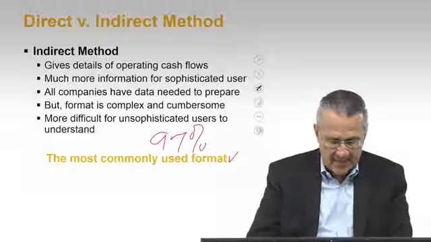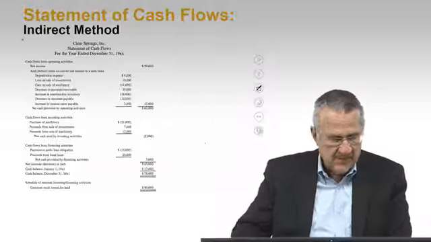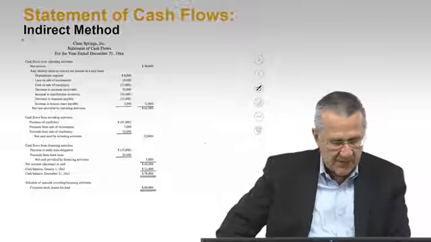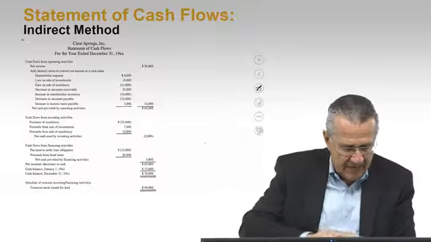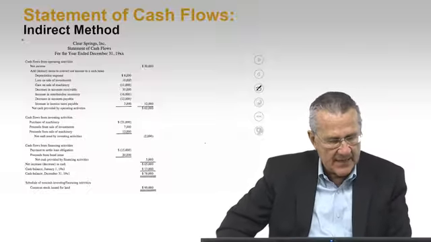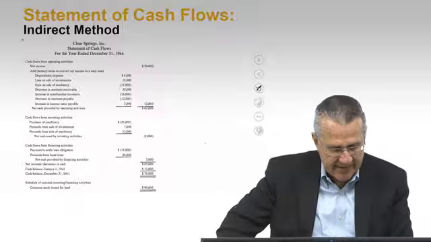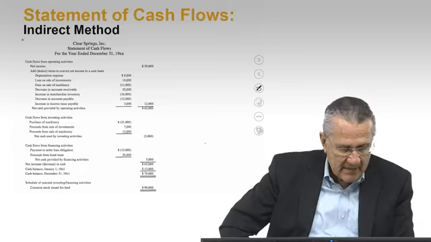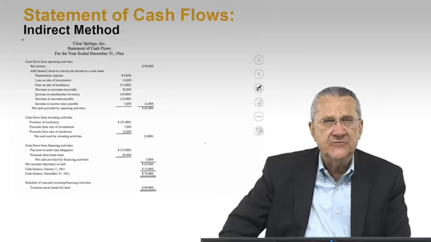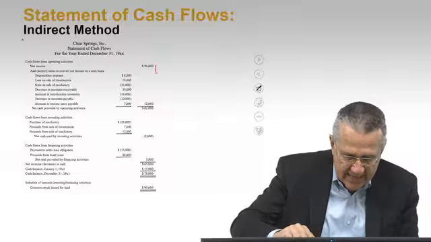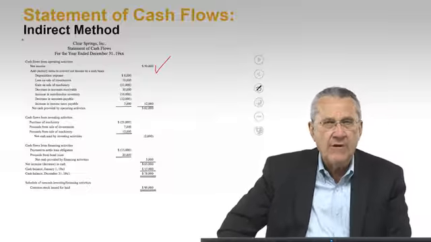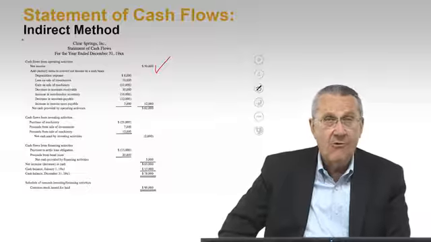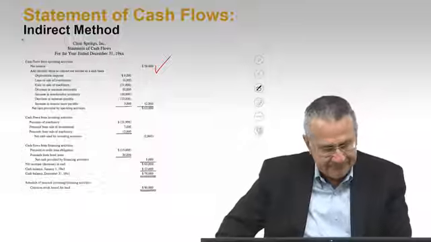than the direct method. So this is what the indirect method of the statement of cash flows looks like. Again, focusing primarily on cash flows from operating activities. You start by including net income as the first line. Now, this should be the net income number that comes right off your income statement. So from the student's perspective, you've already got this one right.